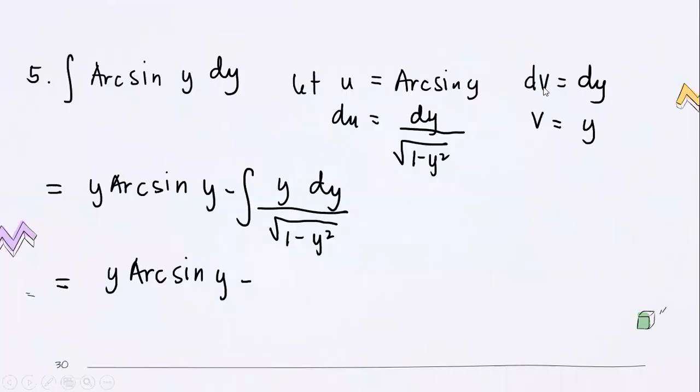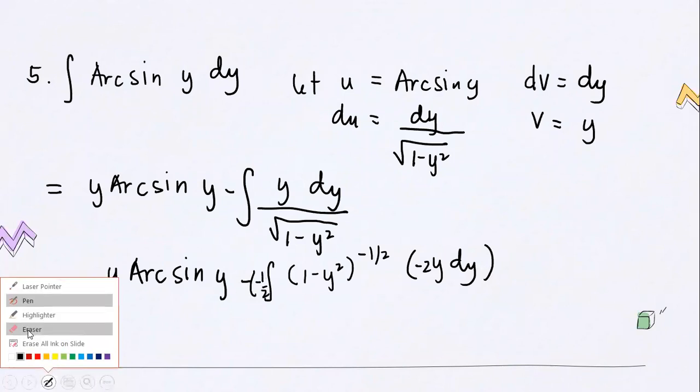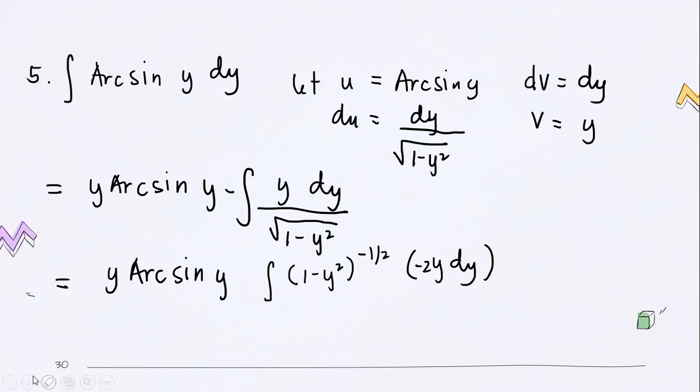Therefore, we can simplify this one. This one would be 1 minus y squared raised to negative 1 half times y dy. But the derivative of negative y squared is negative 2y dy. Therefore, we have to include negative 1 half here. Minus times negative 1 half, negative times negative is positive.